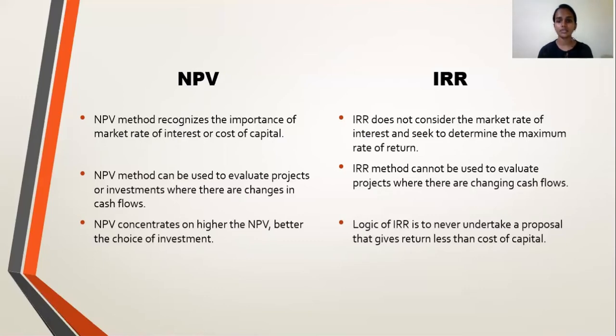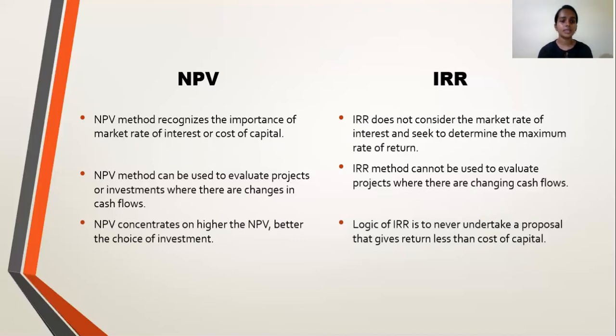But when it comes to IRR, we do not actually consider them, we just go by the set rate, that is, the maximum rate of return. We are concentrating on what percentage we can get as the maximum rate of return.